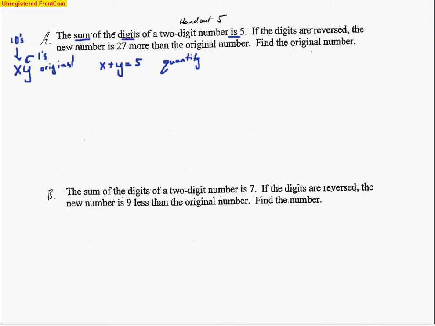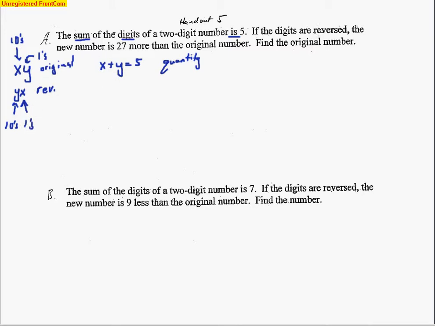So if the digits are reversed, let's take a look at the reversed. Reversed would be yx. Now you see the y is not in the ones place anymore, it's in the tens place. The x is now in the ones place. So that's what happens when we reverse the digits.